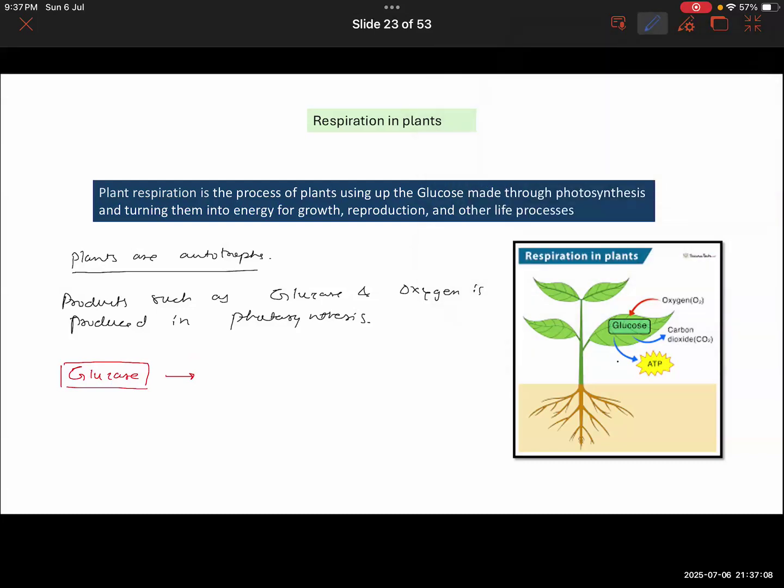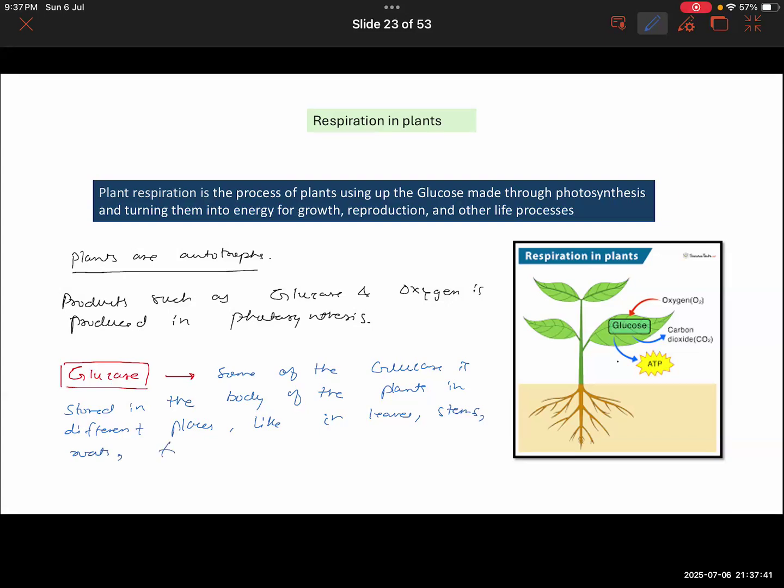So I'm saying that some of the glucose is stored in the body of the plants in different places, like in leaves, stems, roots, fruits, etc., right?